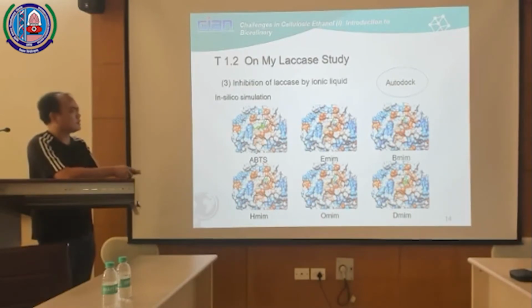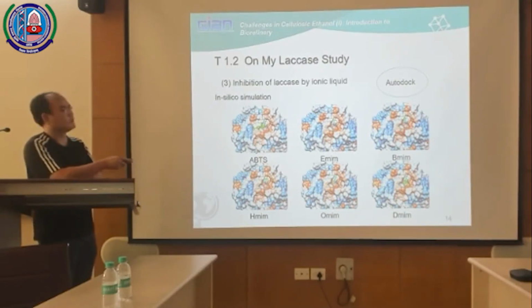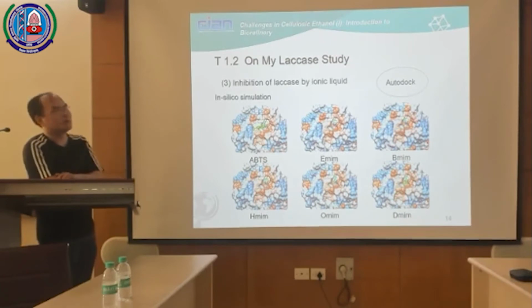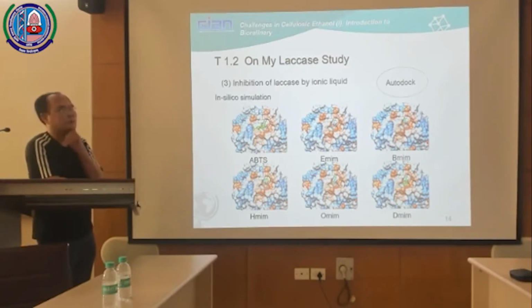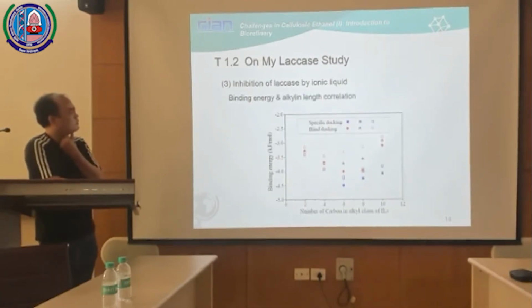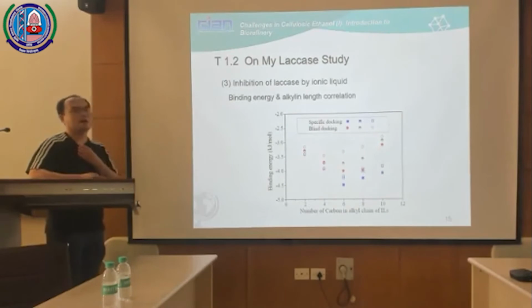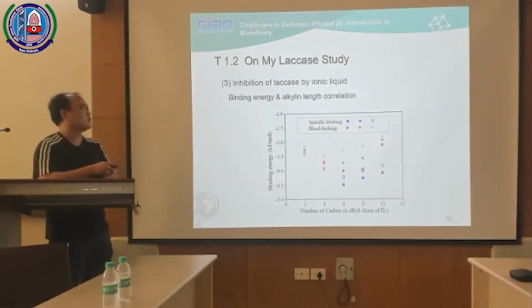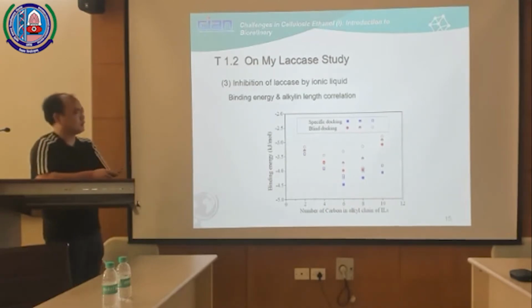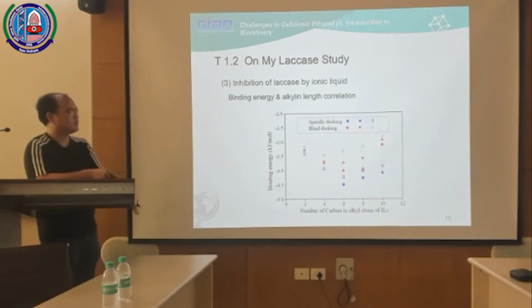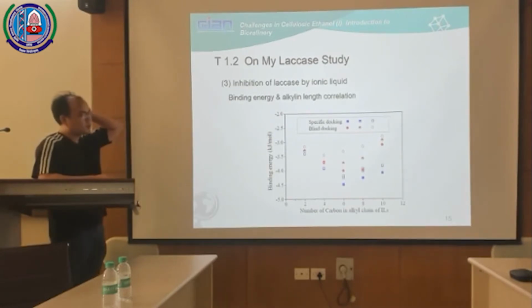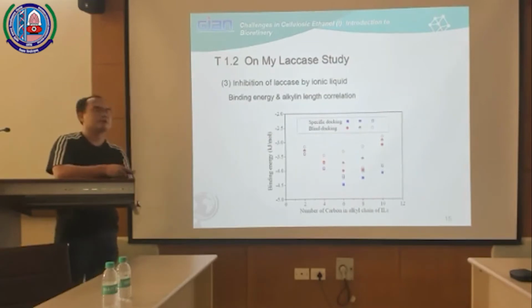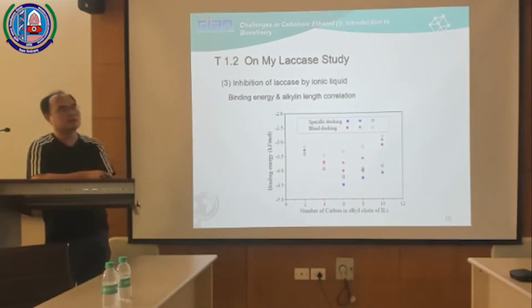So from the ABTS and the ionic liquid, we can find that they are in a competitive relationship. Then we calculated the binding energy and the alkyl length, and we studied the correlation. We found that the binding energy does not always decrease with the chain length.